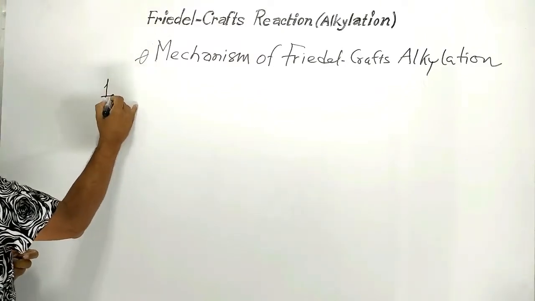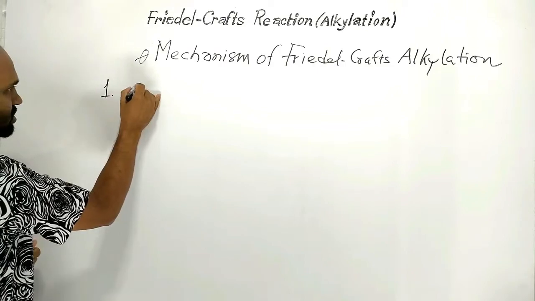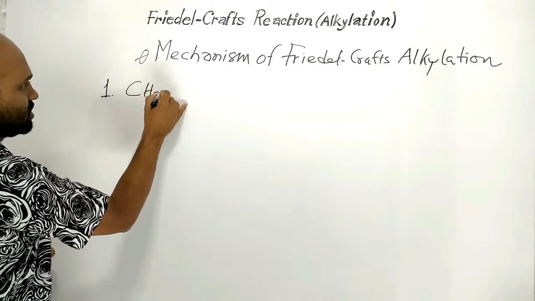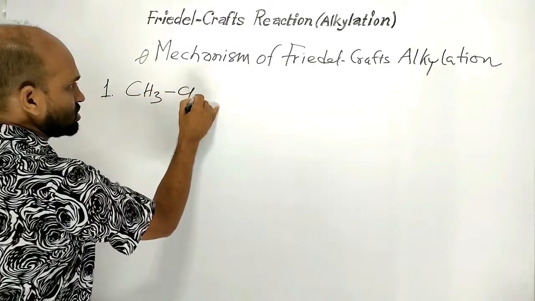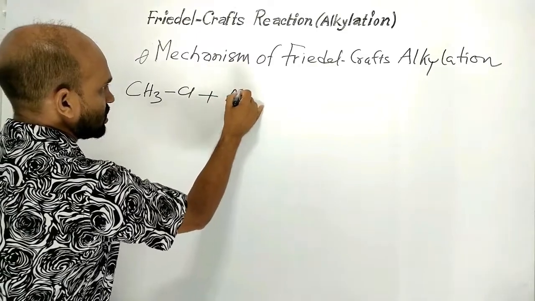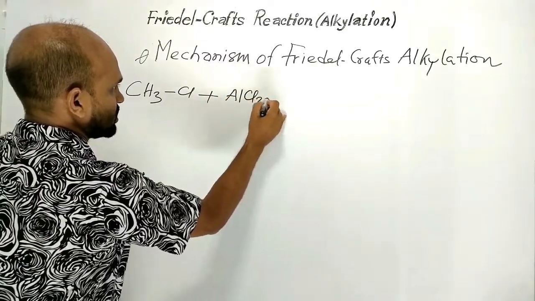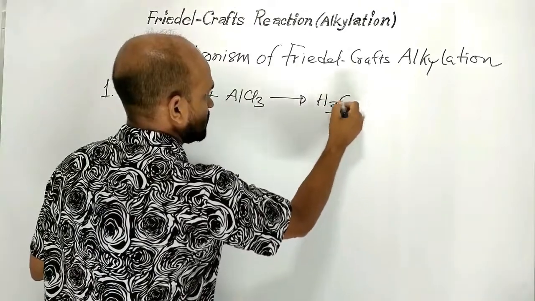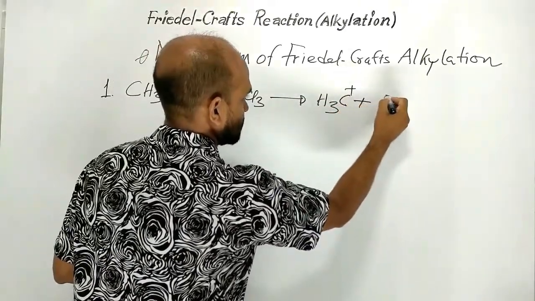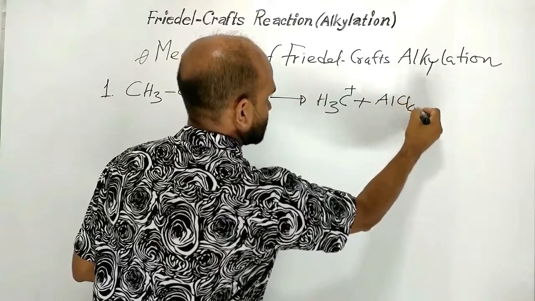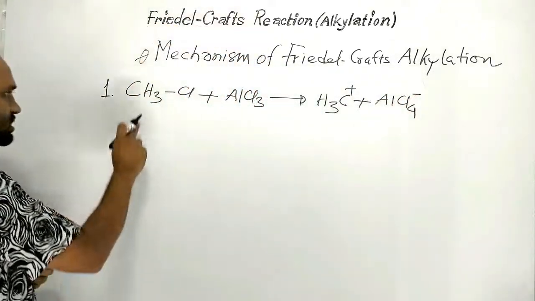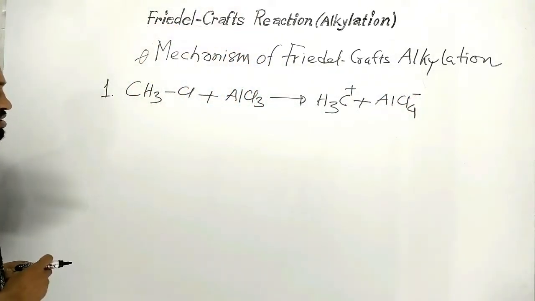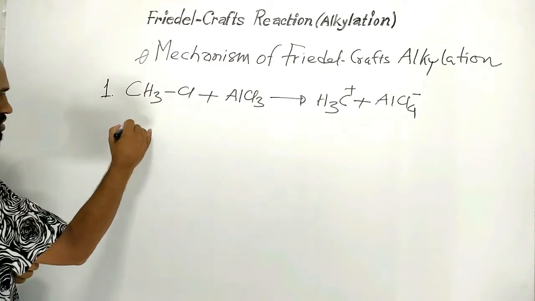Step 1. Alkyl halide like methyl chloride interacts with anhydrous aluminum chloride to form methyl cation and tetrachloroaluminate ion. This reaction happens in two steps.